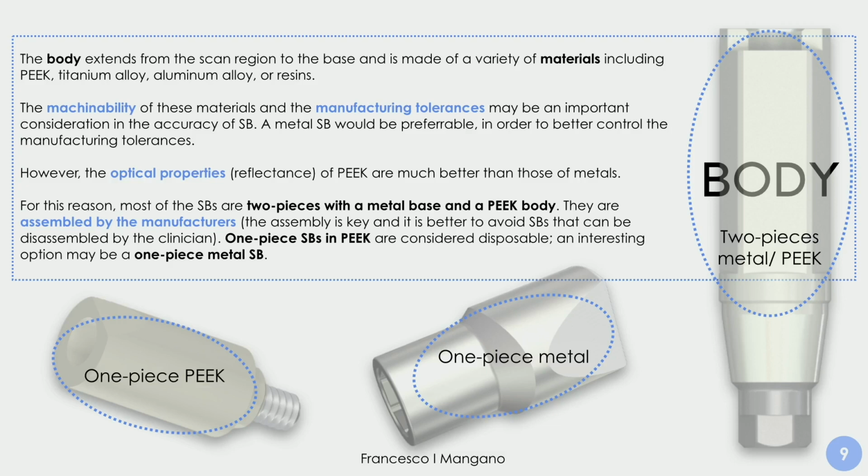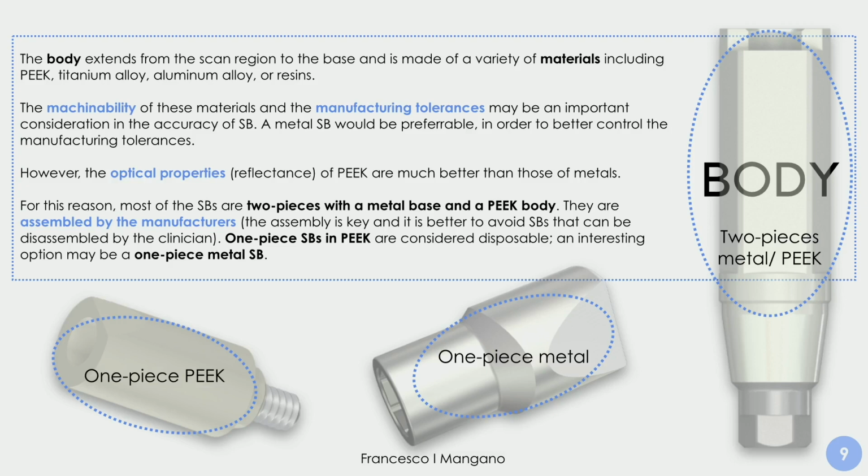Of course, if there are two pieces with the body in PEEK and the mating part, the base, in metal, they need to be assembled by the company. They cannot be disassembled by the operator, because in the latter case we can have a lot of trouble and it's not appropriate. I mean, we can have big mistakes in the position of the implant at the end.